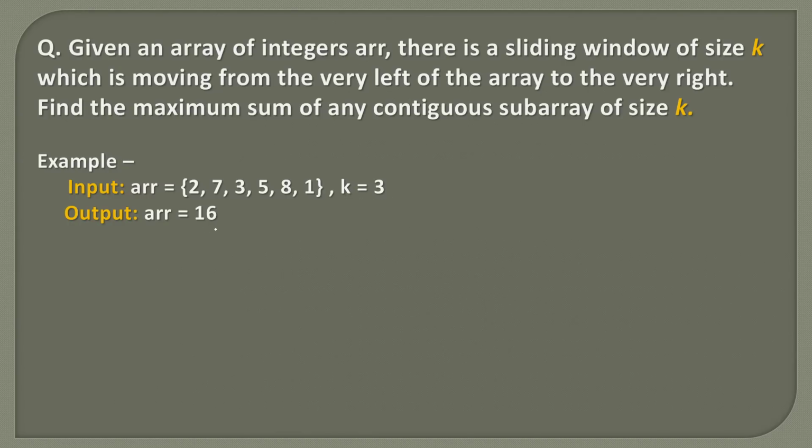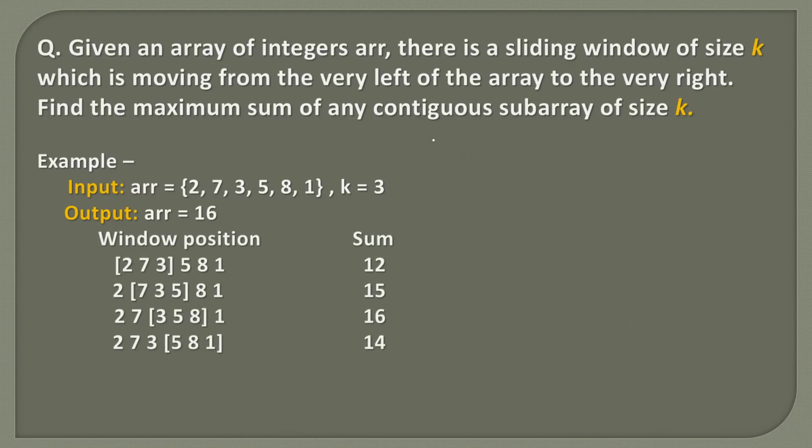Now how this 16 came is, let's say our first contiguous subarray of size k is from index 0 to index 2. So it is 0, 1, 2, 3, 4 and 5. From 0 to 2 we have a window of size k. This is our subarray and the elements are contiguous to each other.